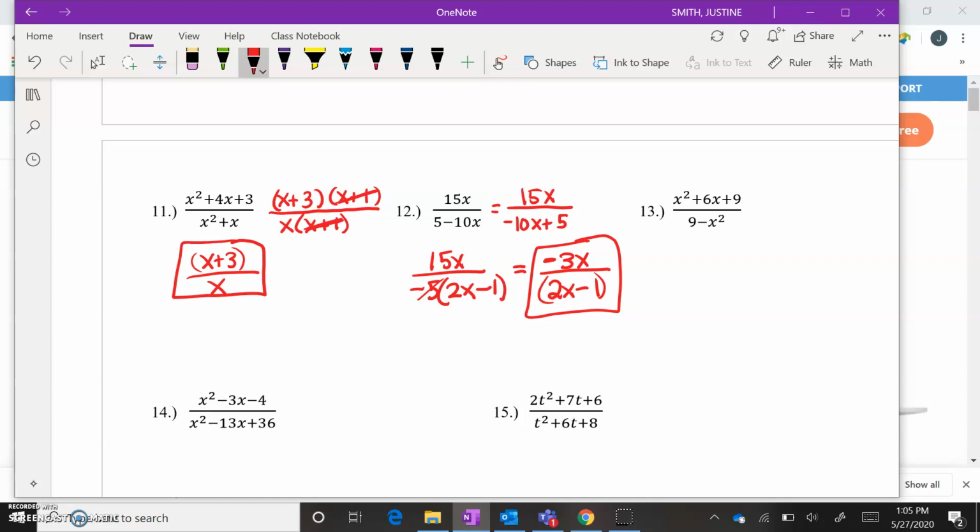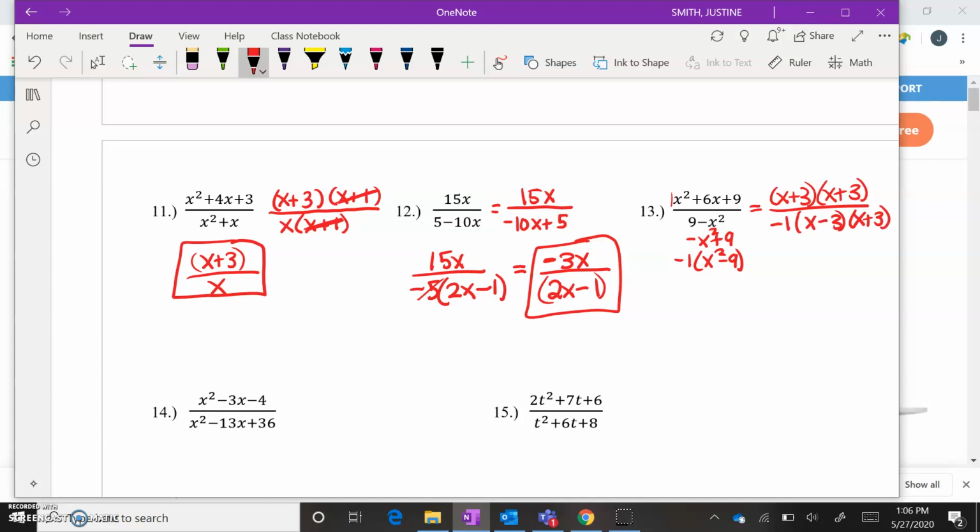All right, number 13, another easy trinomial because there's no coefficient except for 1 in front of that. So we know it's x plus 3 times x plus 3, which multiplies to 9, adds to 6. We're going to rearrange the bottom here. And again, I'm going to take out a negative 1 so that I can make it x squared minus 9, because now I get to do difference of squares.